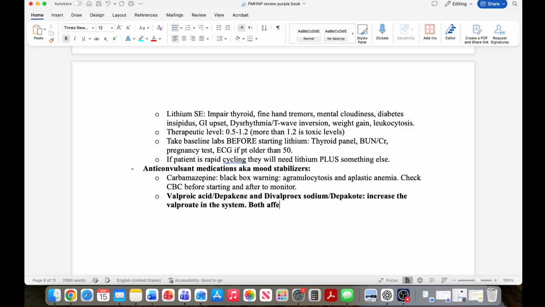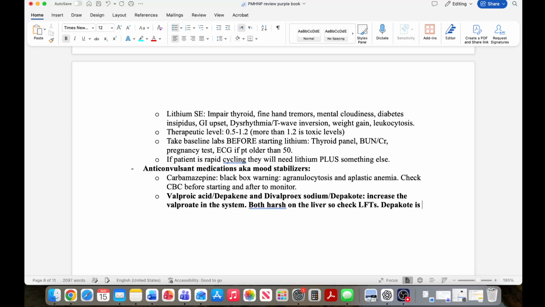Both affect the liver harshly. Let's just say both are harsh on the liver. So check LFTs. Okay, you need your liver enzymes checked for both of these. And I guess Depakote has less GI effect. Okay.